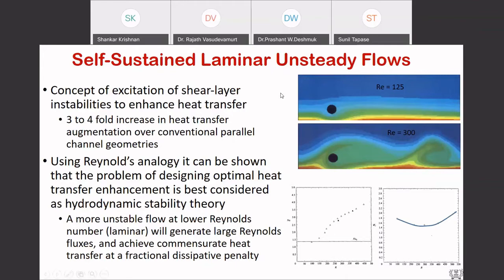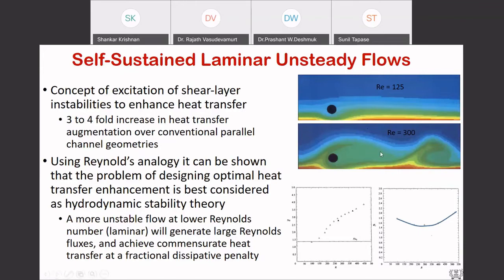For example, in this picture from their paper, they have a wall that is heated on the bottom. The top wall is not heated, and it's a cross section where a cylinder was placed very close to the wall. For a Reynolds number of 125, there was no improvement in heat transfer.